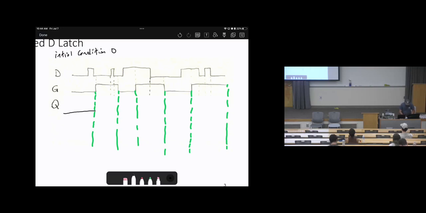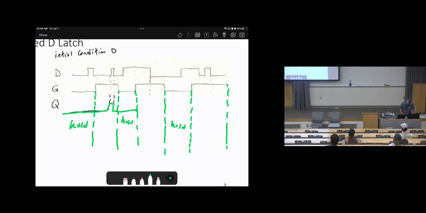So for the first update, locate the on time. Here is the on time. What's happening on the on? D will be 0. Then here there are some changes happening. Then it will copy what's happening with D. Then here it will hold, because here is hold, here is hold, and here is hold.